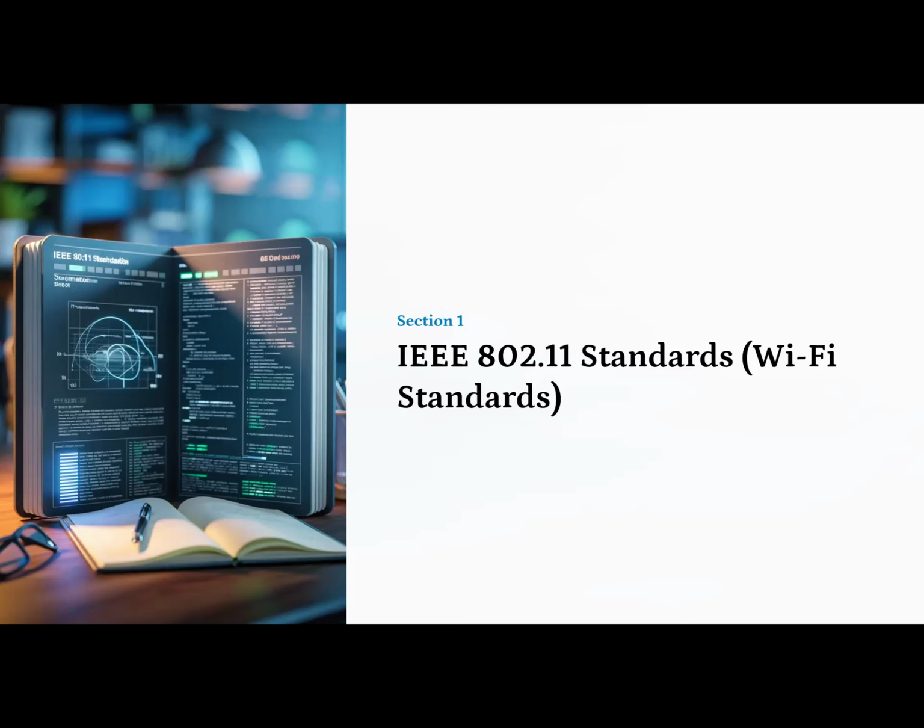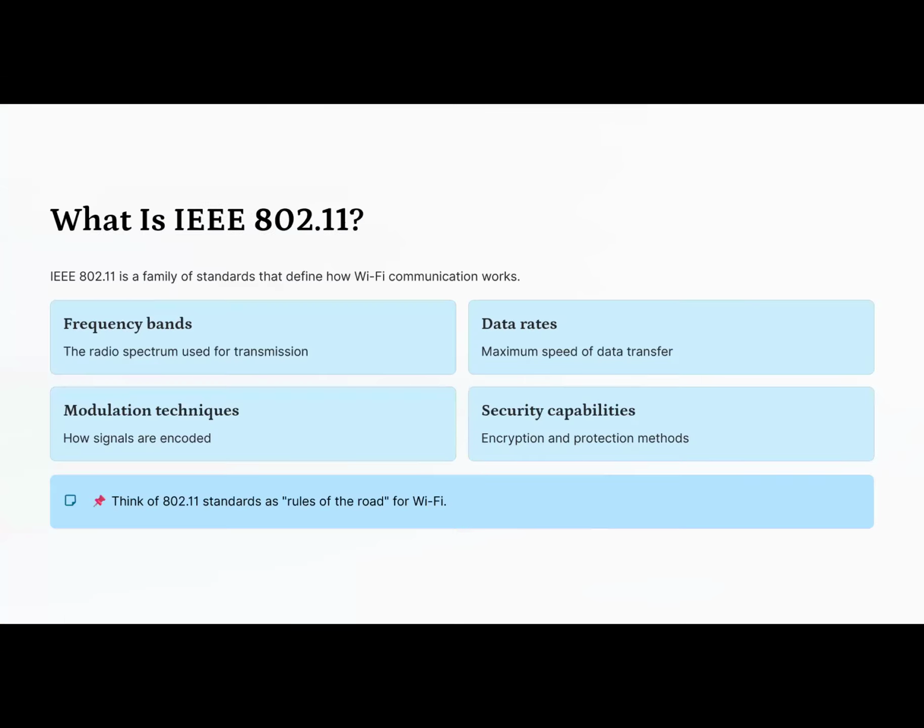Right. So let's pick these. So 802.11. As I said, these are international standards, and it was developed by, as the name says, IEEE, the Institute of Electrical and Electronics Engineers.